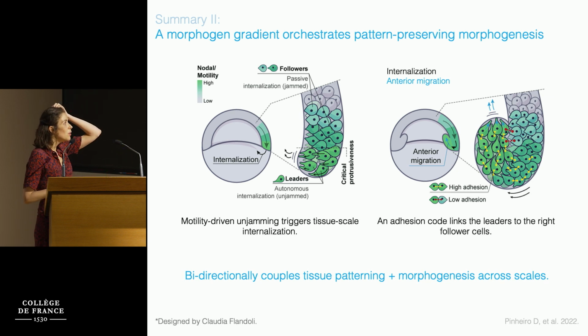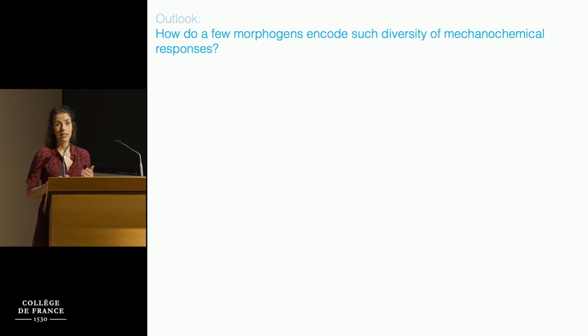And now what we are interested in following up in the future, and what is really exciting for us, is that on one hand we want to understand how nodal, but more broadly how a small set of morphogens, which play a role repeatedly, not just in development but also in organogenesis, can encode such diversity of mechanochemical responses, from complex tissue patterning to distinct mechanical properties and cell behaviors that are necessary for morphogenesis.